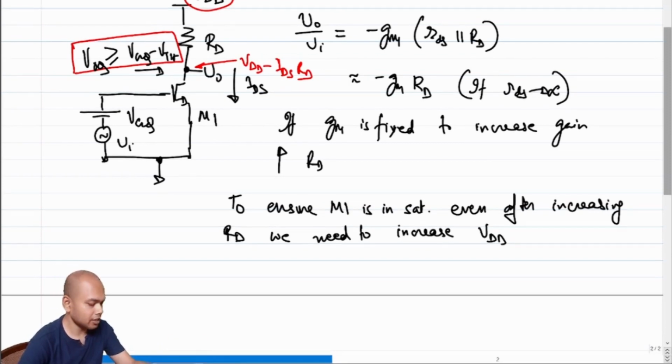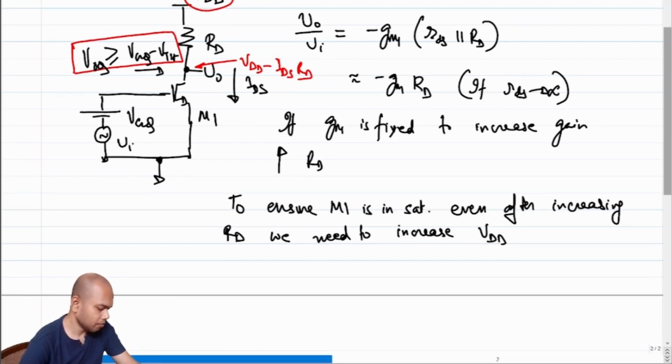You have to run the entire circuit by drawing current from that battery. So that becomes a big problem, because we cannot indiscriminately increase the value of RD; there will be a certain maximum value of RD beyond which I will not be able to keep the transistor in saturation.